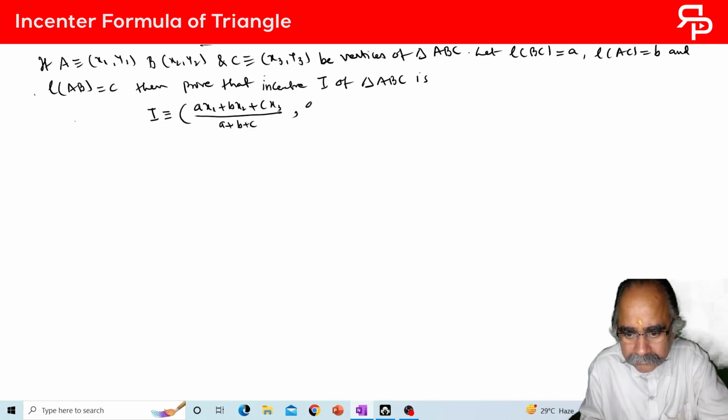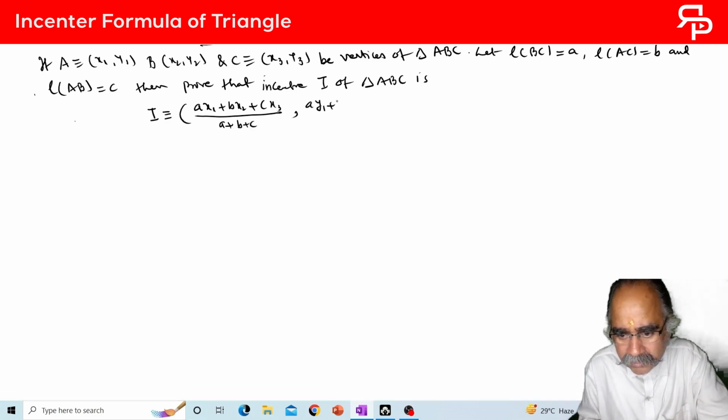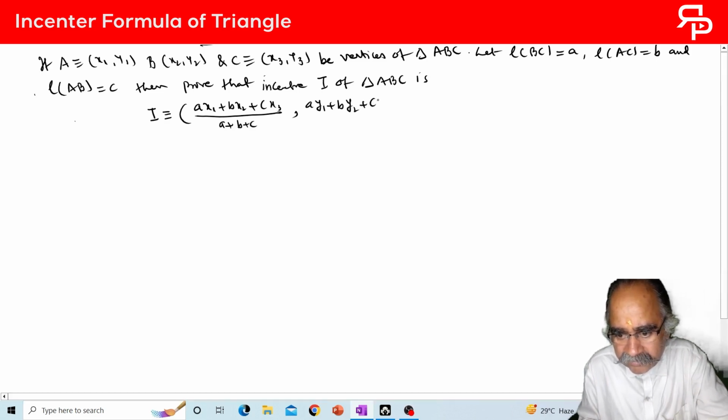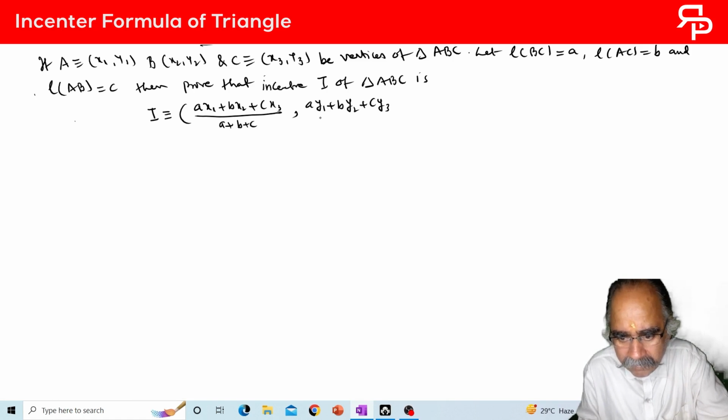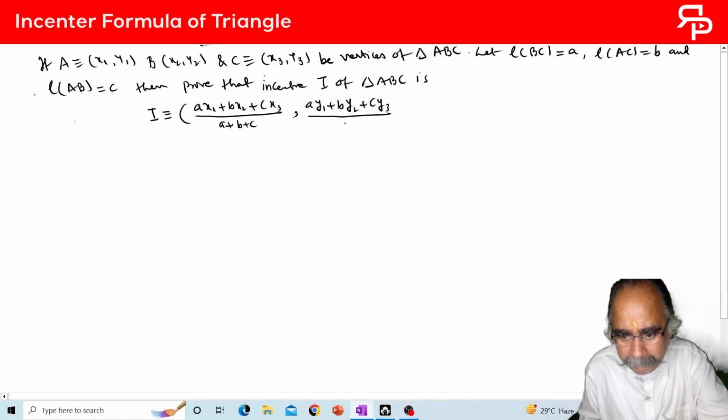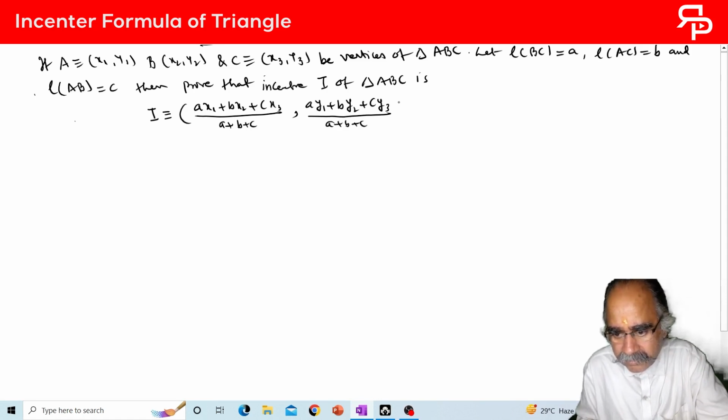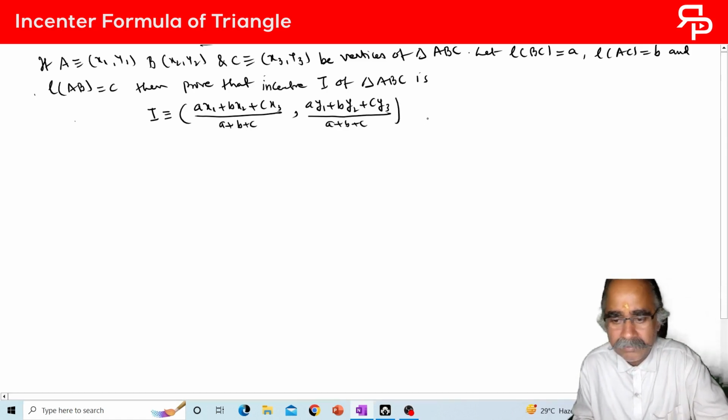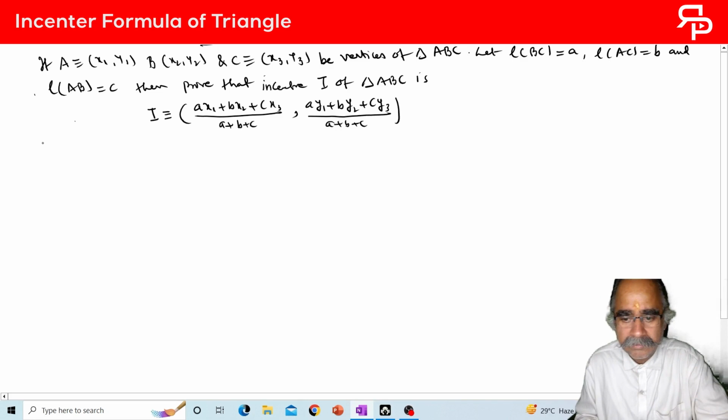Same way, (a y1 + b y2 + c y3) upon (a + b + c). Proof.